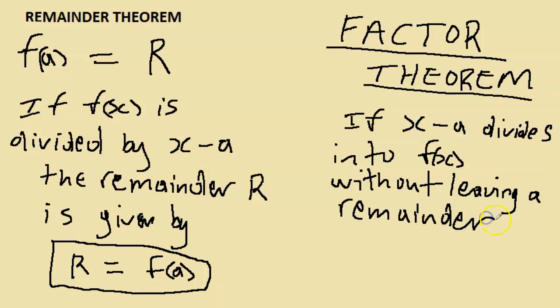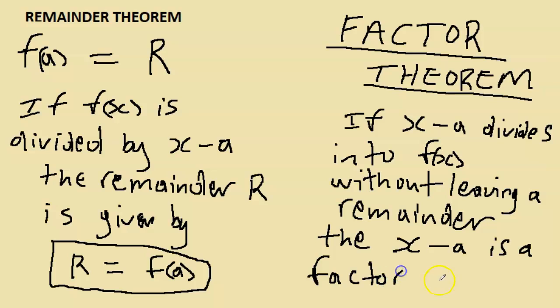or another way of saying this is leaving a remainder that is equal to 0, then x minus a is a factor of f of x. In other words, if you're asked to find the remainder and you find f of a and you get r to be 0, let's say f of a is equal to 0, then it means that there's no remainder, which means that x minus a is a factor.